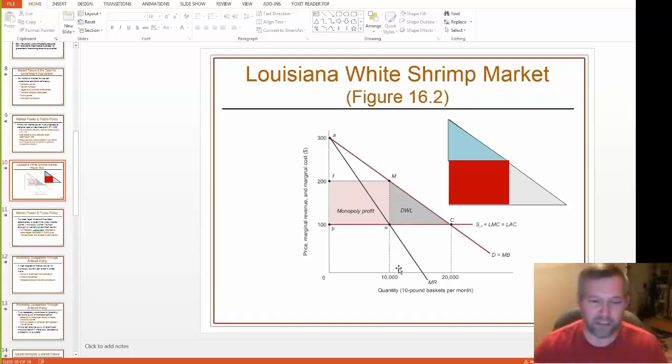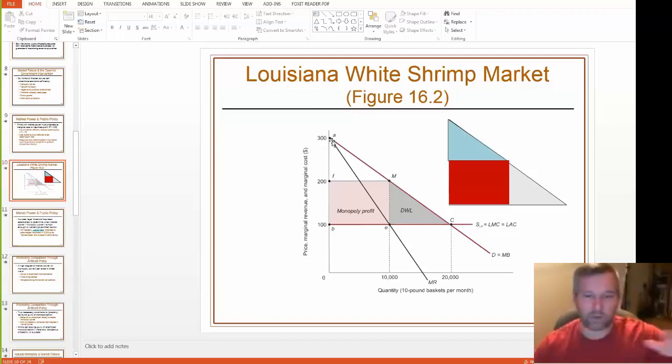If it helps to personalize it, or to anthropomorphize it, and sometimes in the principles class I explained that you can think of a demand curve as lining up everyone who wants to buy white shrimp. You line them up in such a way that the person who wants this thing the most, you put them at the very left side of the line. This is the person that wants to buy this shrimp the absolute most, and they're willing to pay $300 for it.